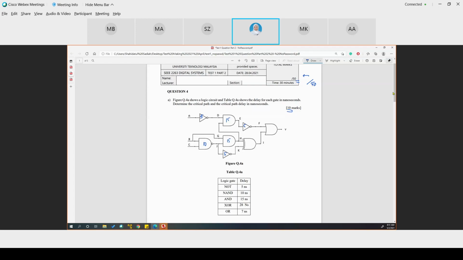Then XOR is 28, and then OR is 7. So you can find A, D, E, F, E. Here is 5, and coming to here is 20. This is 25, and 32.